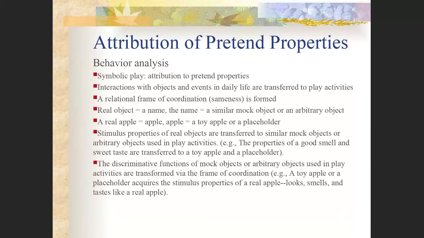And then stimulus properties of real objects. For example, an apple looks white flesh inside and red skin or green skin or yellow skin, and also tastes sweet or tart, or smells like apple.